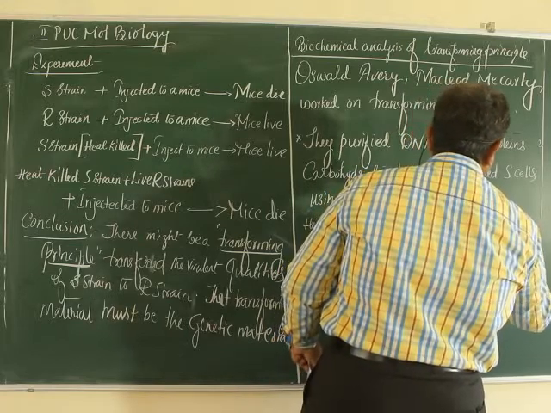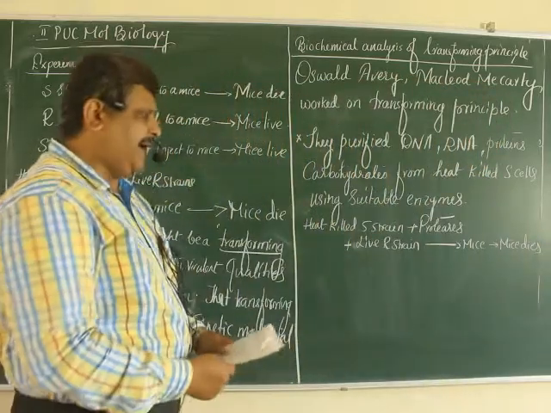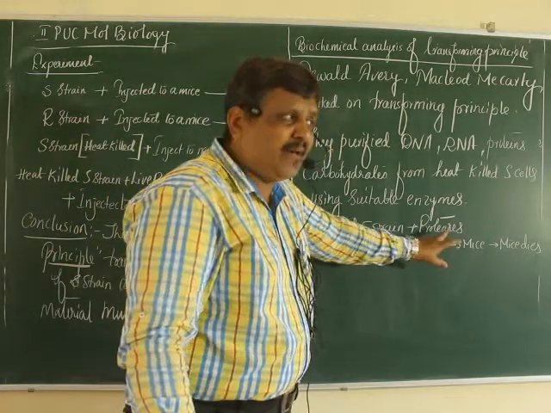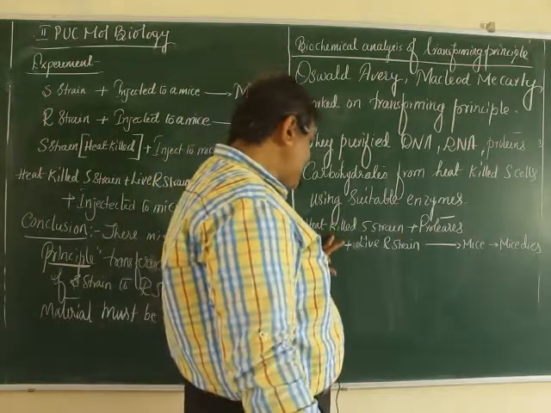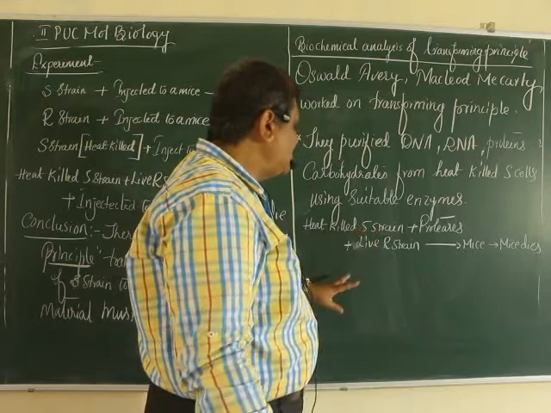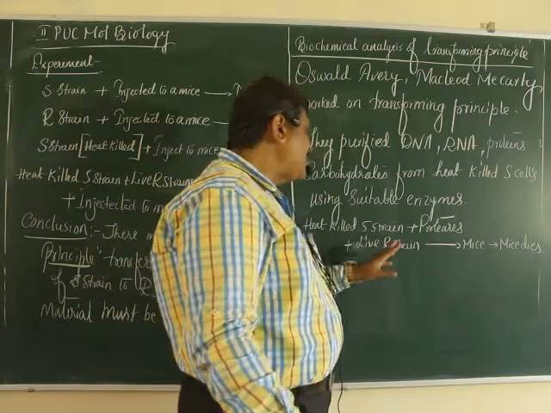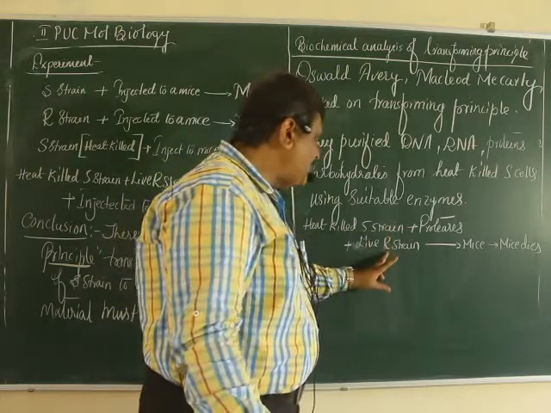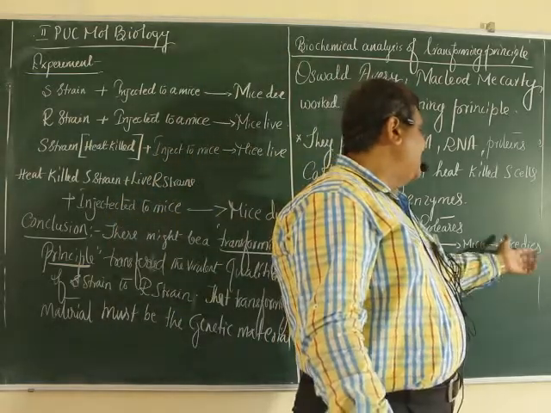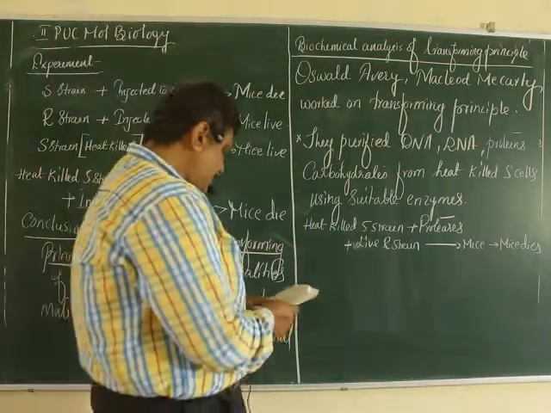What does it indicate? It indicates that even though the proteases were able to digest the proteins in the heat-killed S-strain, the transforming principle transformed live non-virulent R-strain into the virulent form. That's why the mice, when it was injected, died. That means proteins are not the genetic material.